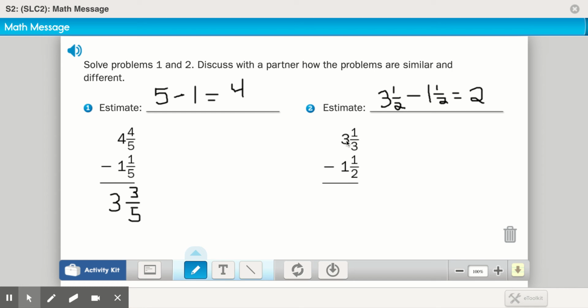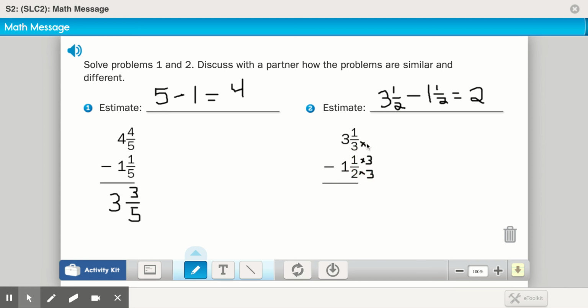So this problem has a couple steps to it because the first thing I see is I don't have a common denominator. So let's use our strategy of quick common denominator to make a common denominator first. So I'm going to multiply by 3 here, but remember I also have to multiply my numerator by 3.